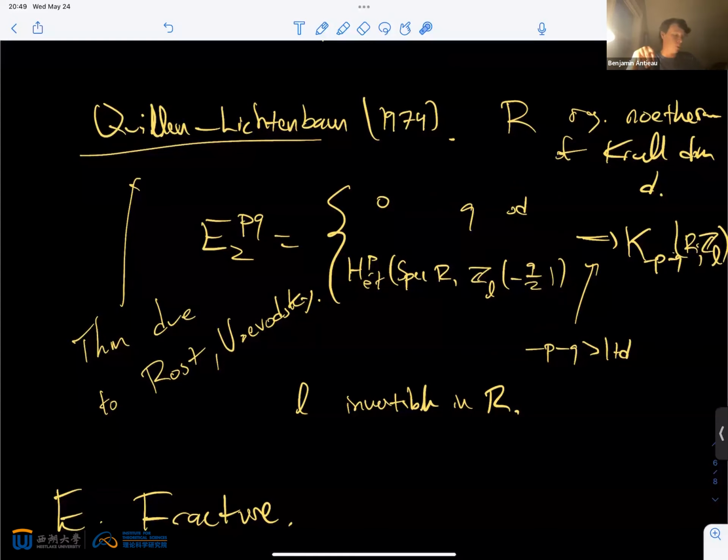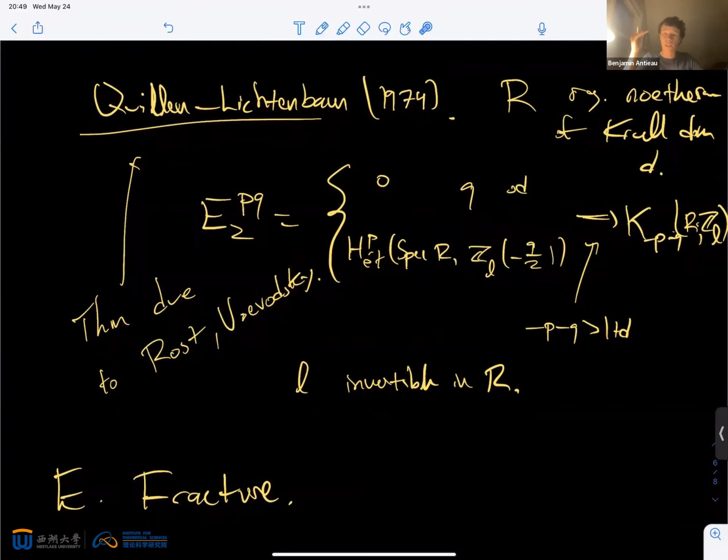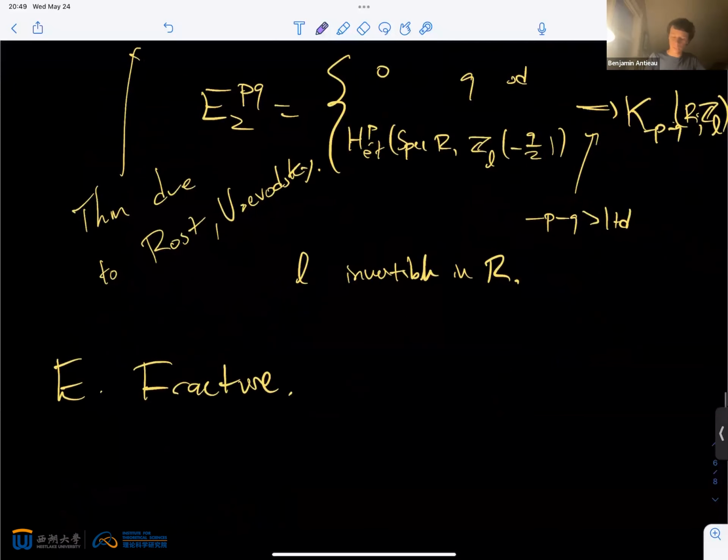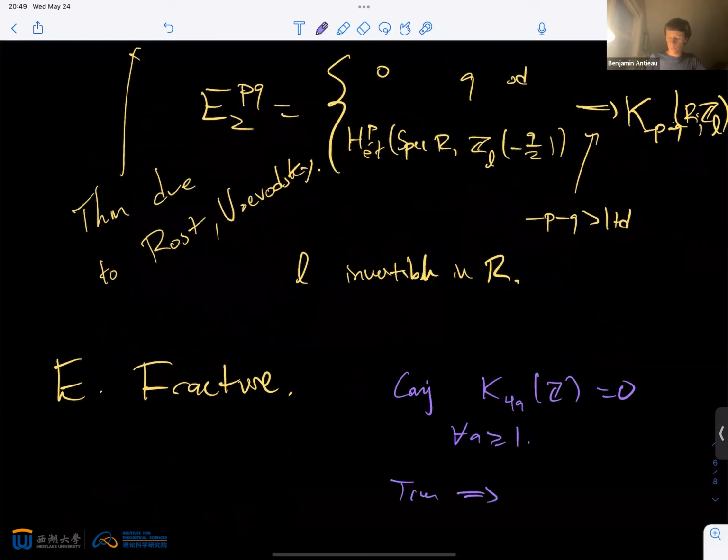One reduces it to computing the étale cohomology of Q. And so it turns out that there are just open problems in the étale cohomology of Q. And the conjecture is that K4a of Z is 0 for all a at least 1. And this is true if and only if a famous Vandiver's conjecture is true.